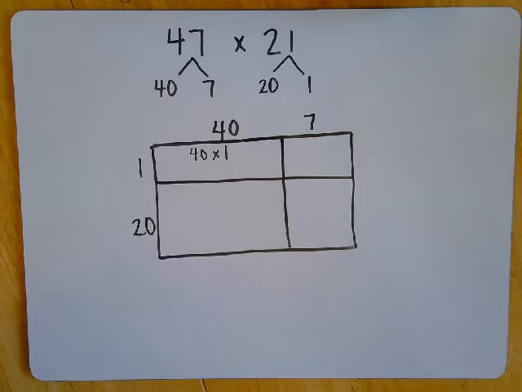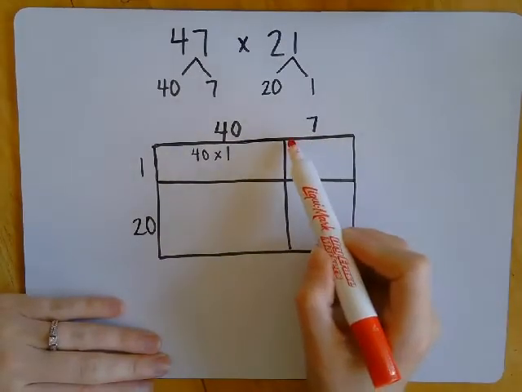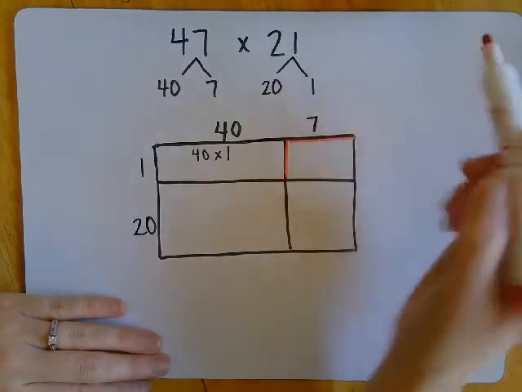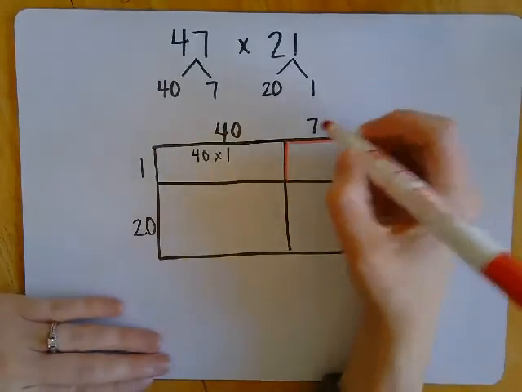Next, I need to figure out the area for this square. I know that I am going to be multiplying 7 times 1 because 7 matches this side and 1 matches this side.